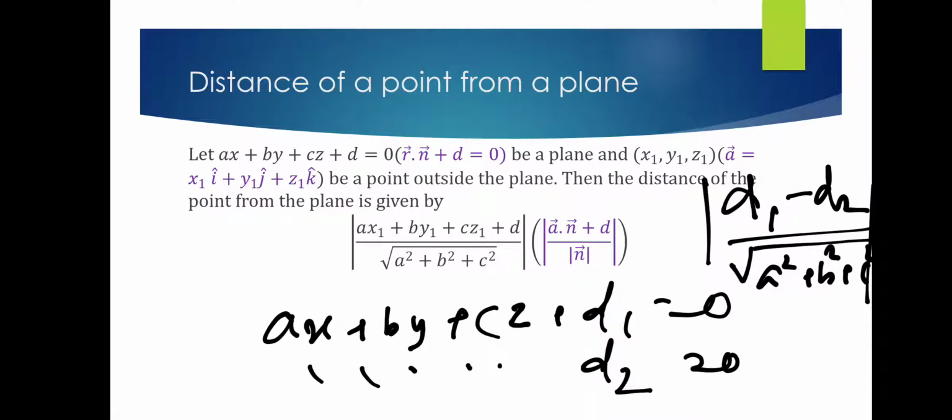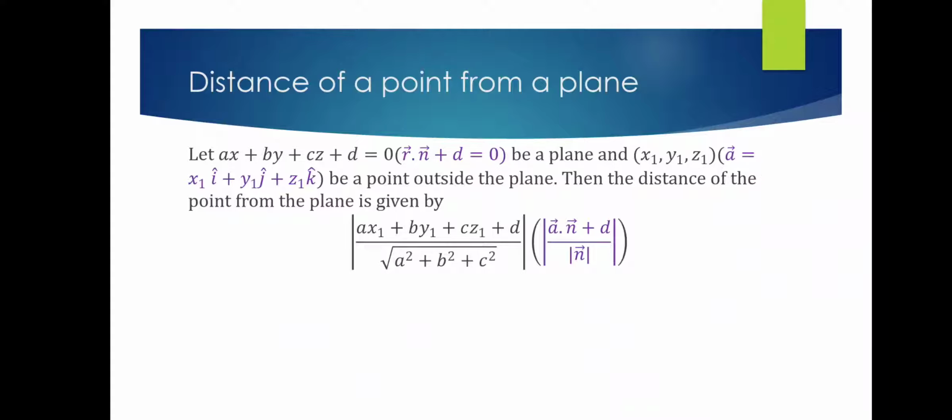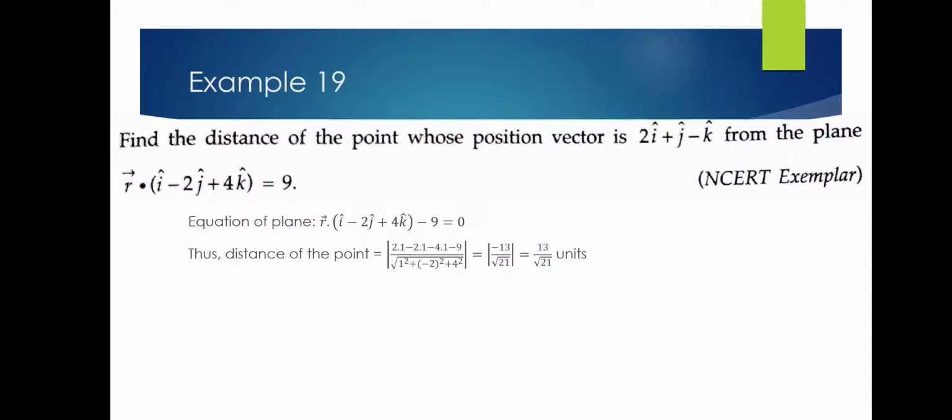Fine. So this is all you have, and then let us move to the questions. Now I forgot to apply animation, so it just came all along. Find the distance of the point whose position vector is given this from the plane this.